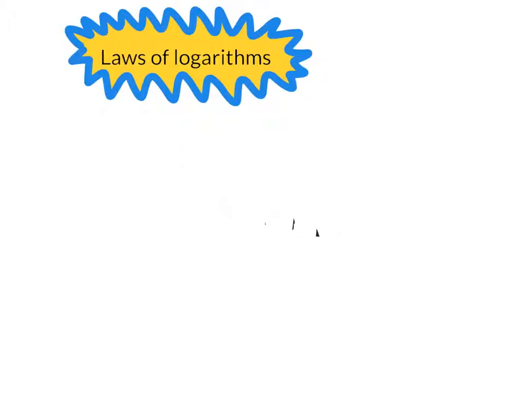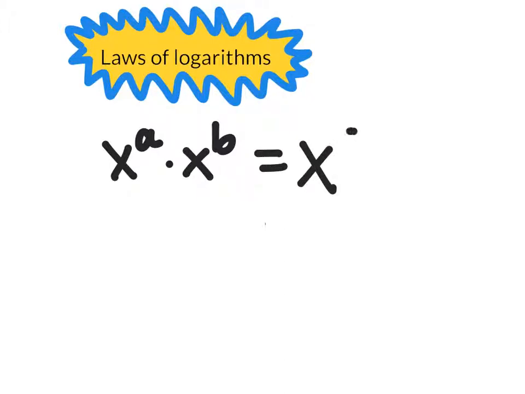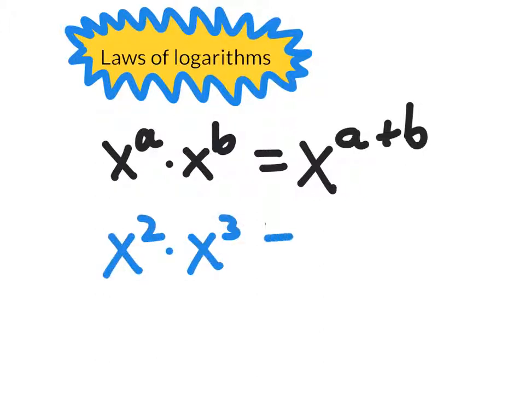There you go. So these are very similar to rules such as x to the power of a times x to the power of b is the same thing as x to the power of a plus b. Do you remember we saw, for example, how x to the power of 2 times x to the power of 3 is equal to x to the power of 5.